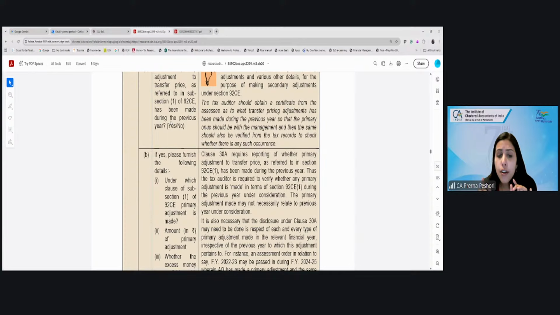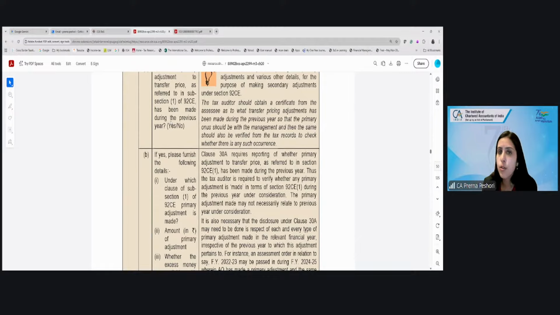Okay. Now, once the primary adjustment has been made, the foreign associated enterprise has to send the equivalent amount of the adjustment back to the Indian entity, if the transaction has not taken place at the arm's length price.